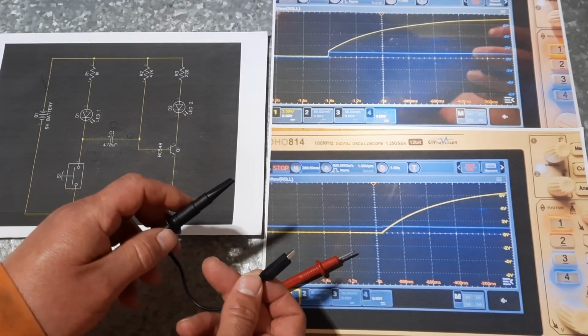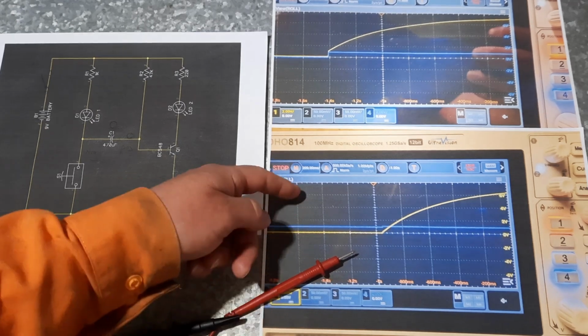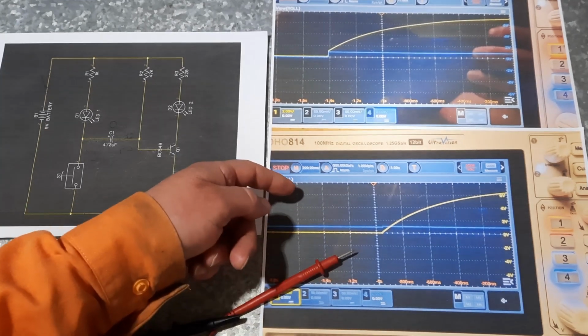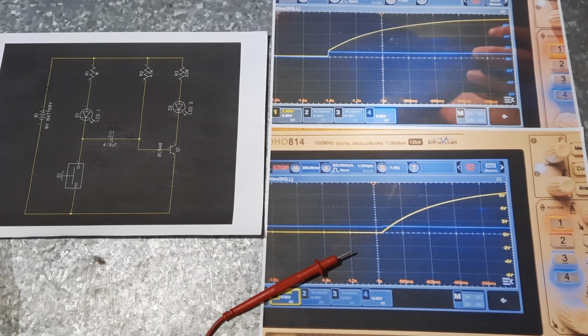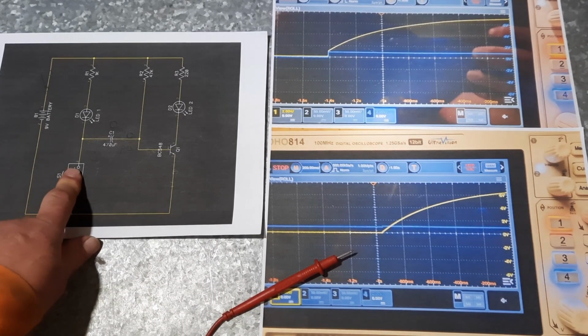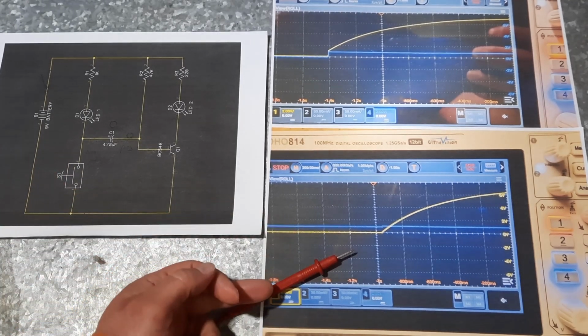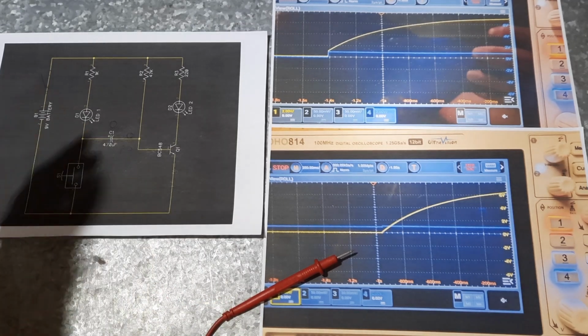It doesn't matter whether it's positive or negative; it'll represent it either above the 0 point or below it. So why isn't this dropping below 0? Because this thing's at a negative charge.